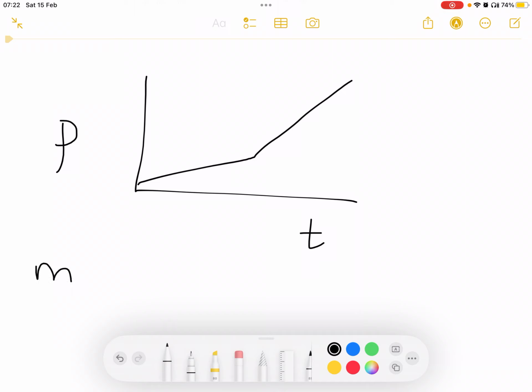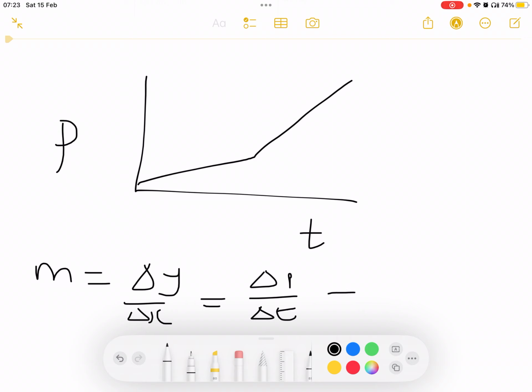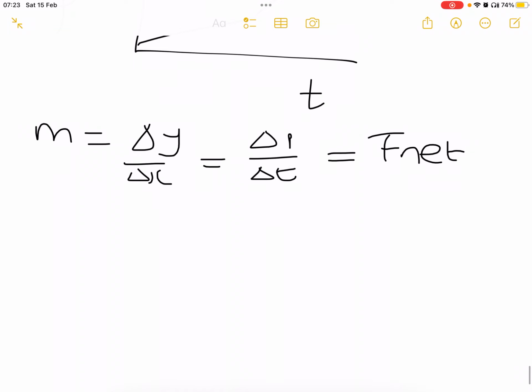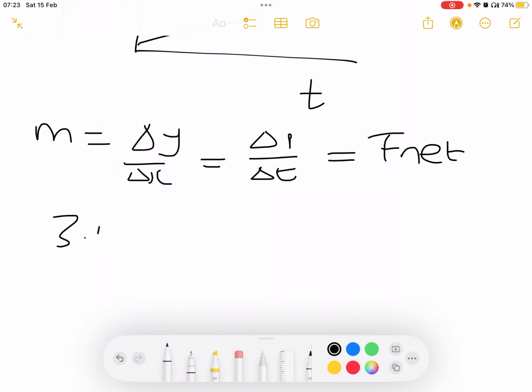And we are asked about the gradient. The gradient says change in y over change in x. Change in y is change in momentum, change in x is change in time. And what do we know that is change in momentum over change in time? It's F net. Therefore, our answer for 3.4.1 is net force.